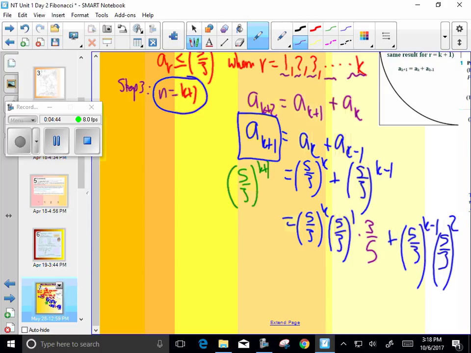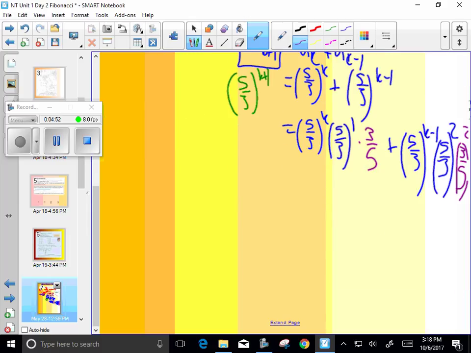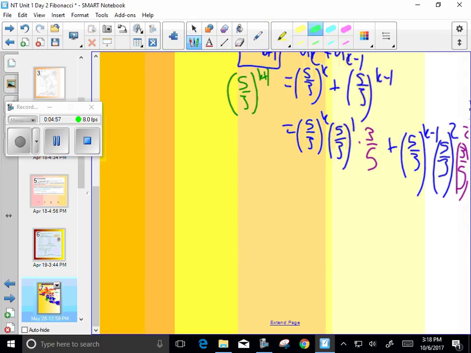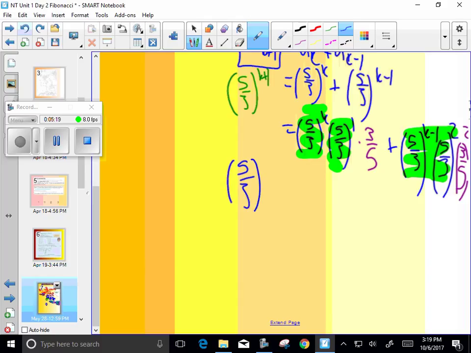But I'm going to have to multiply by (3/5) squared. Putting these two together will give me (5/3)^(k+1). And that's what we want, (5/3)^(k+1).